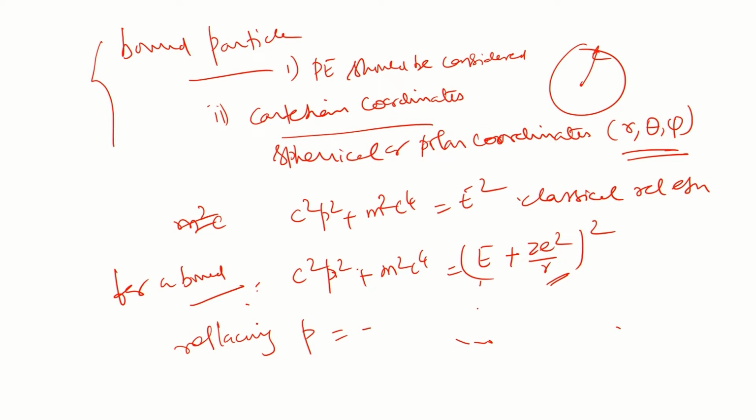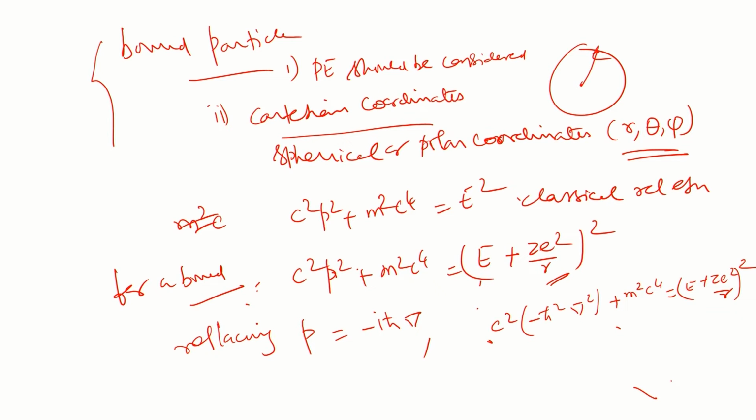p by minus i h cross del. This is Schrödinger's classical quantum equivalence. So, including this correction, we have c square, instead of p square, we have c square into p square. i square is minus 1, minus times minus is plus, i square is minus 1, h cross square del square plus m square c power 4 equal to E plus Ze square by r, whole square.